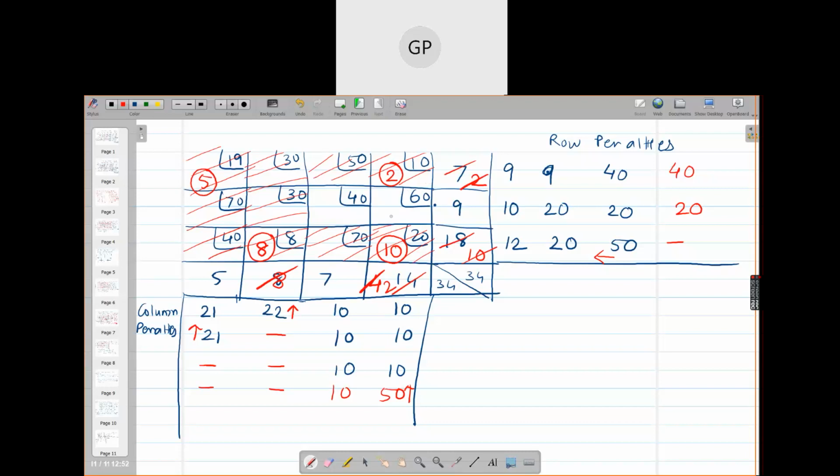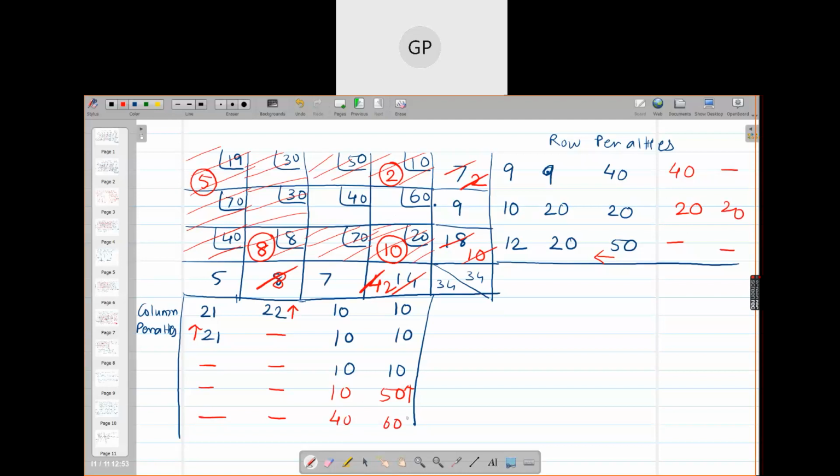Only 2 cells are remaining. You can calculate if you want, it will be 20 and 10, and if you want, 20, and it will be 40, 60, and here it will be dash, dash, and here it will be 20.